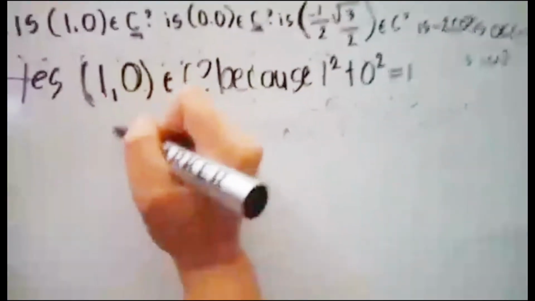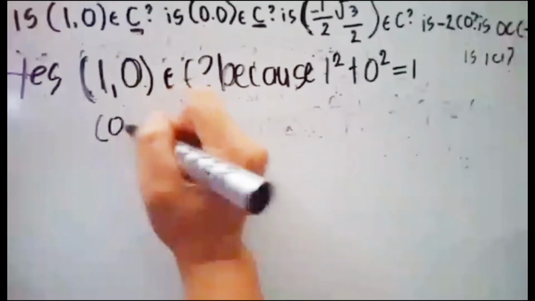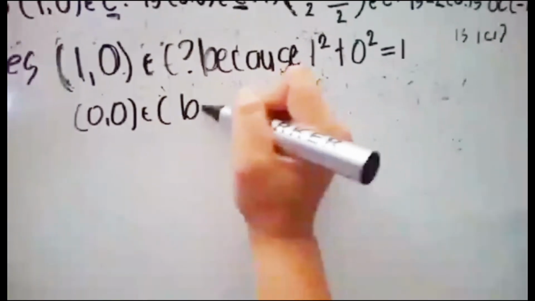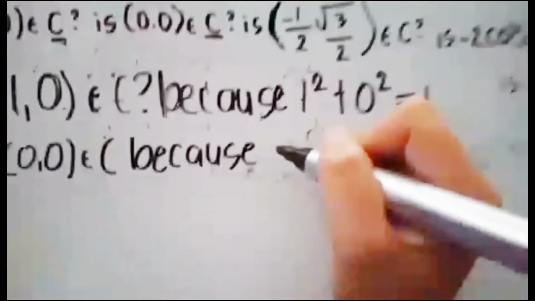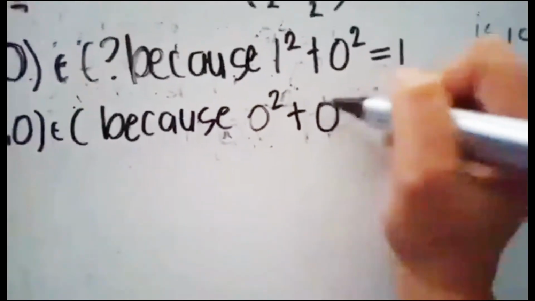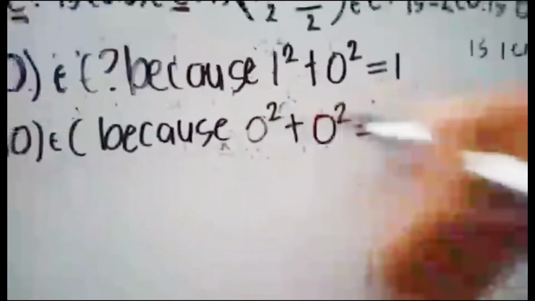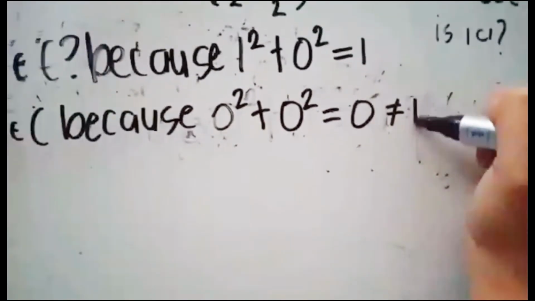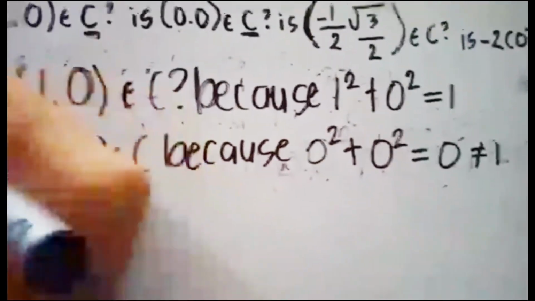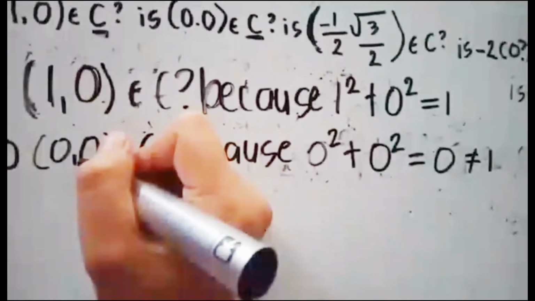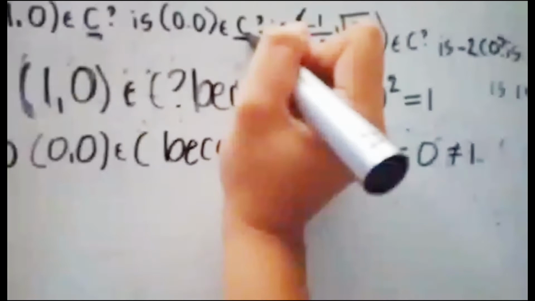Is it an element of C? 0 squared plus 0 squared is equal to 0, therefore not equal to 1. So (0, 0) is no, because it is not an element of C.